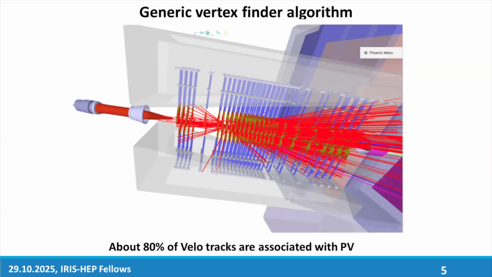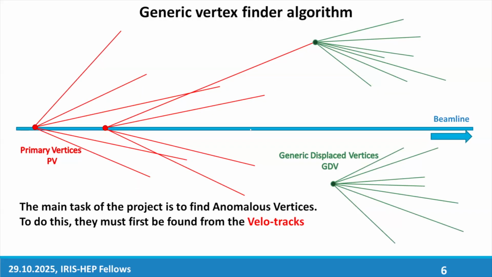Most of the tracks belong to the so-called primary vertices, about 80% of all tracks. Using these tracks we can reconstruct two main types of vertices in this work: the primary vertices and the generic displaced vertices.